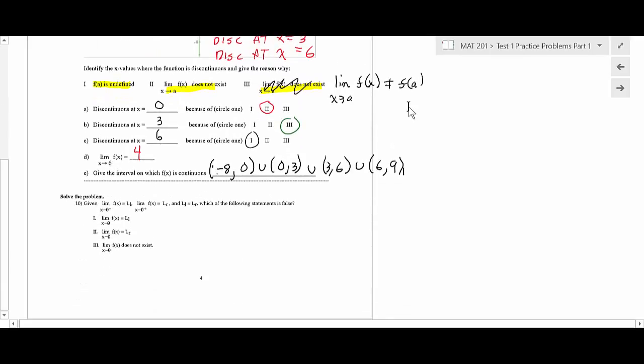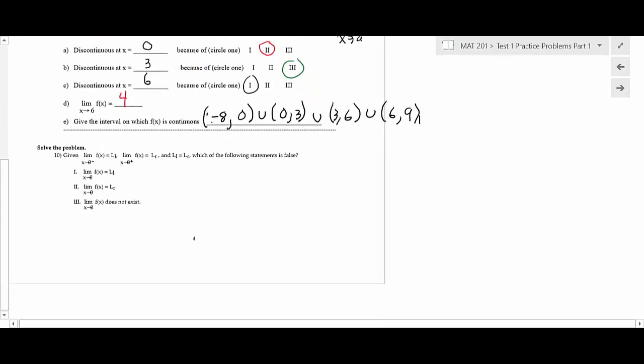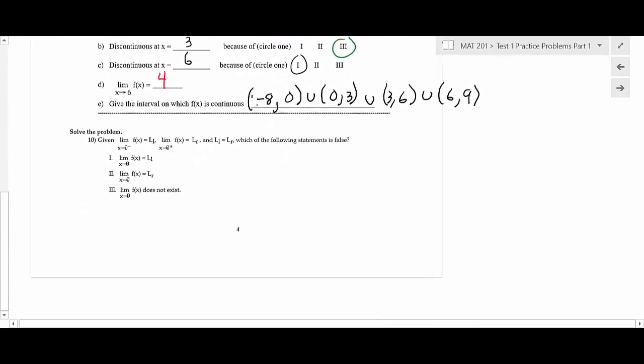Okay, so let's see. The next thing at the bottom here says you're given this limit. Let me write this out a little clearer. It's saying the limit as x approaches 0 from the left-hand side of f of x is equal to some value L1.